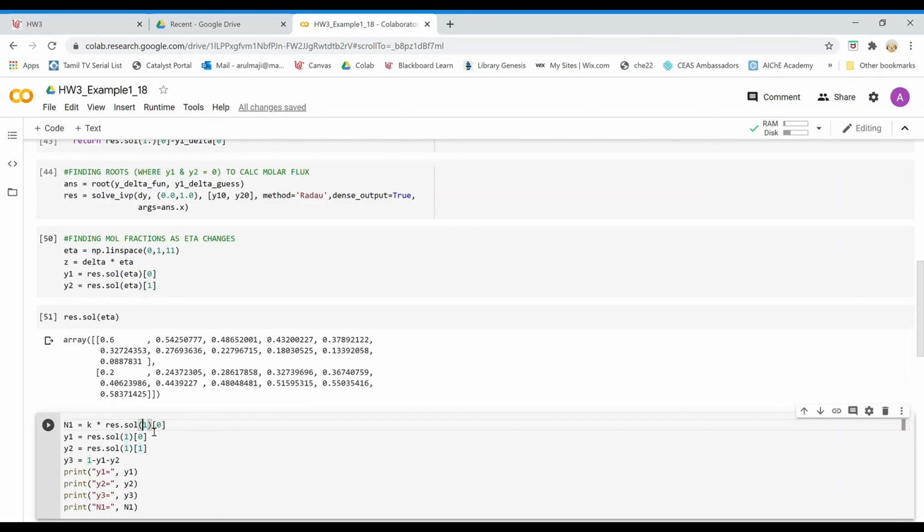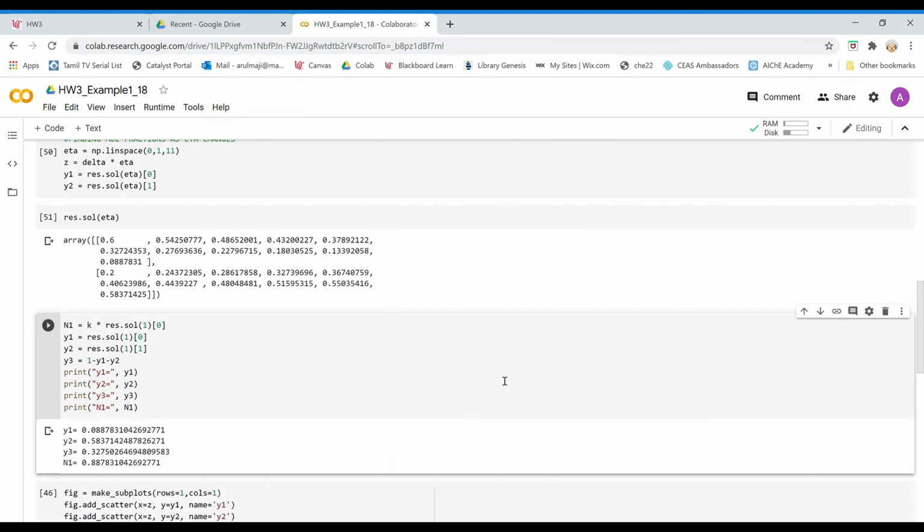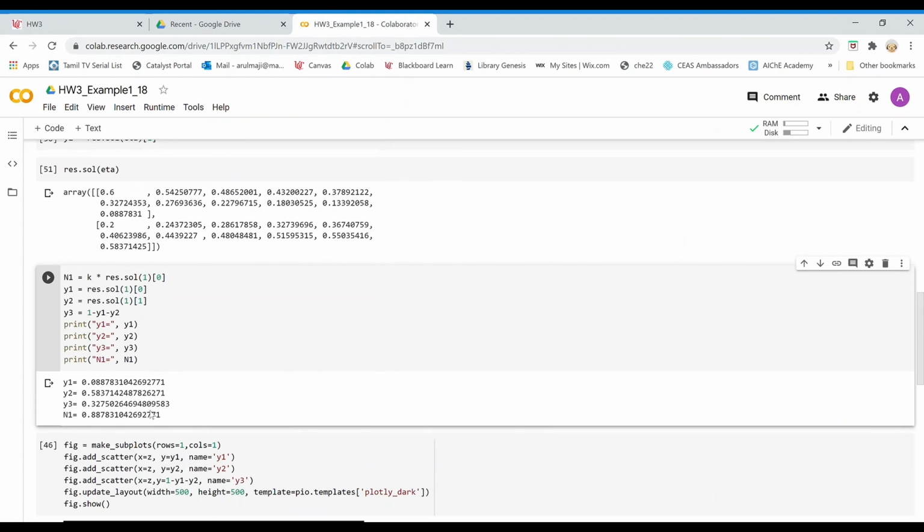So this inputs our mole fraction at the boundary. And from that, we get that our overall rate of reaction from the question is equal to 0.8878, and these are our mole fractions at that film boundary.